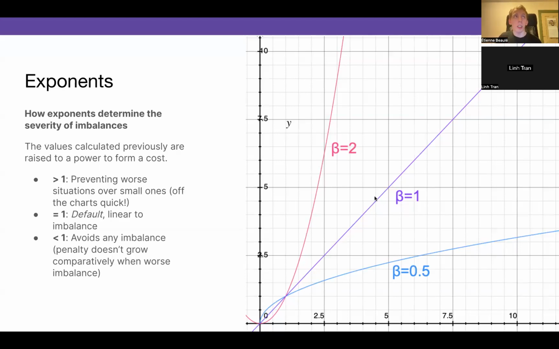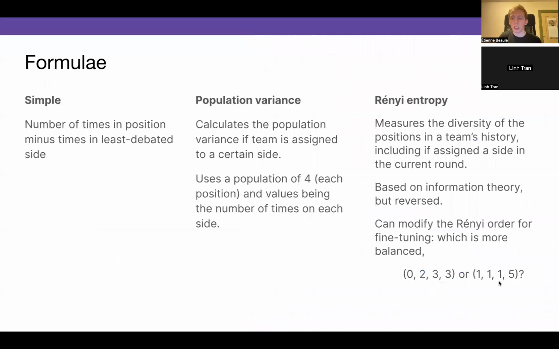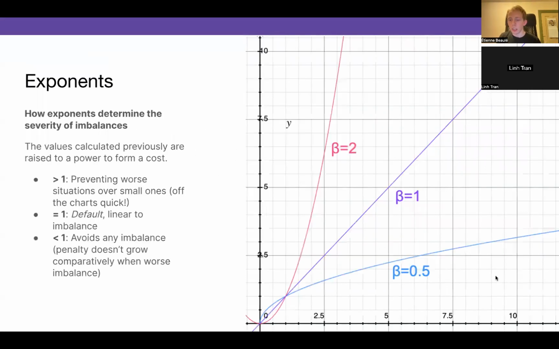However, this would prevent the second situation here where you have one that is much higher than the others. If we had just an exponent of 1, then the 5 is 5 times worse.